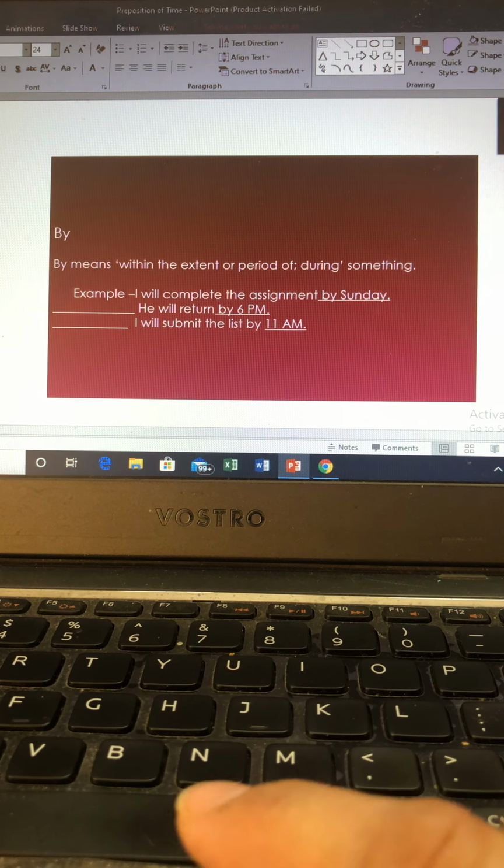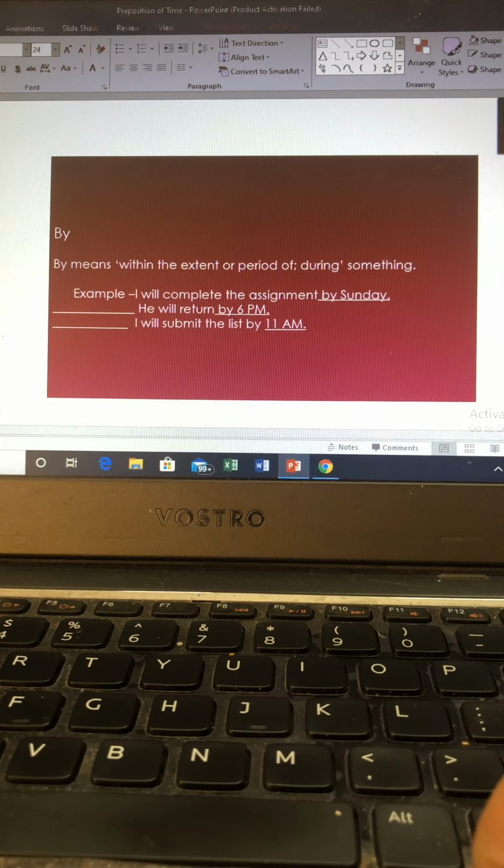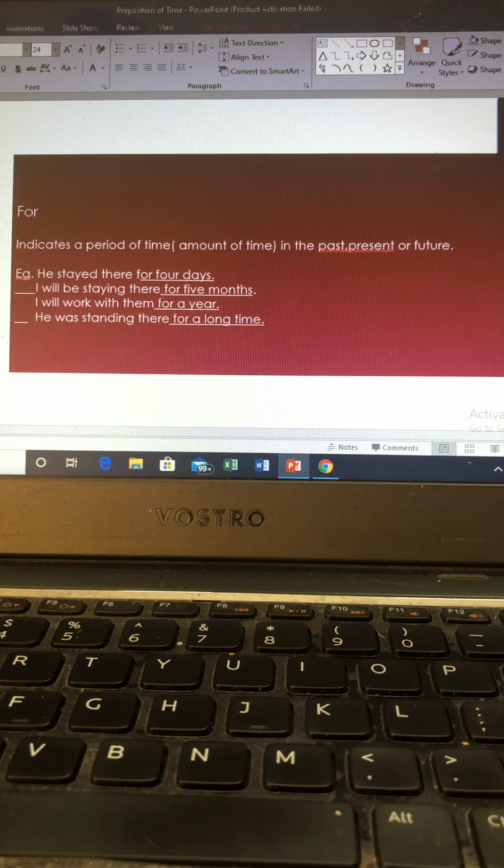You could simply ask me, one minute students, what would be the difference between by and for? See, for indicates a period of time. We are simply saying a period of time, for 4 days, or for 5 months. But over here there is no compulsion, students, right?